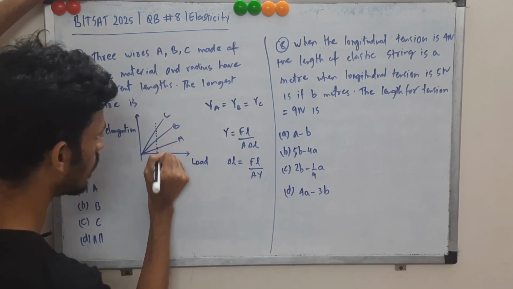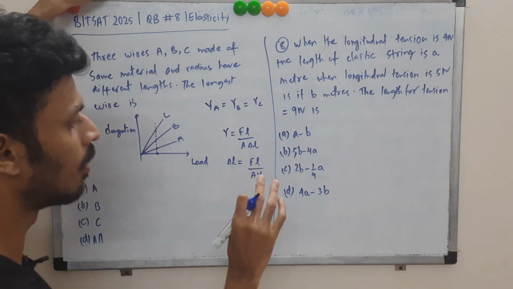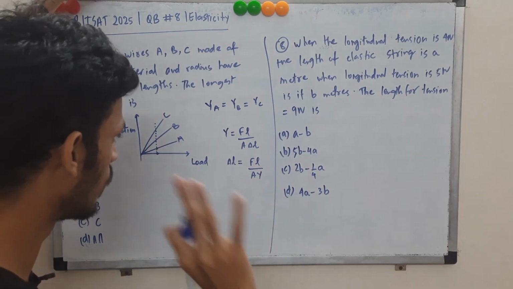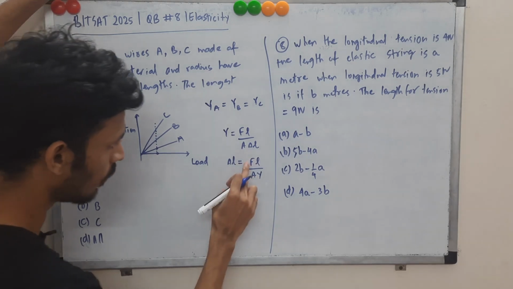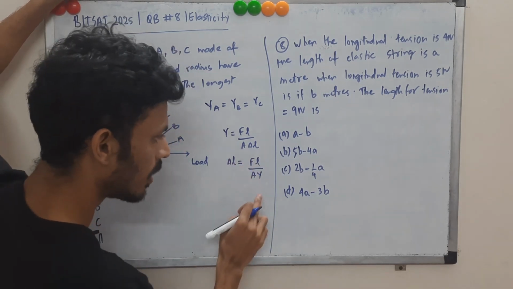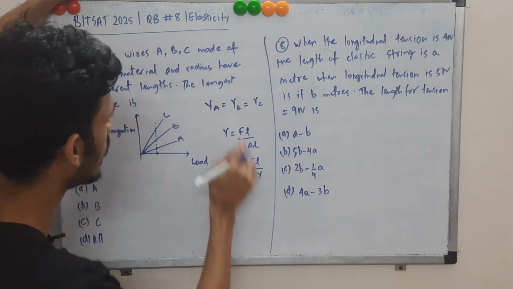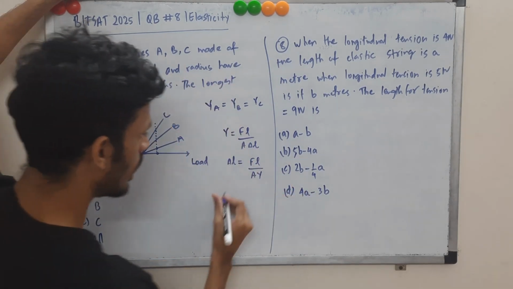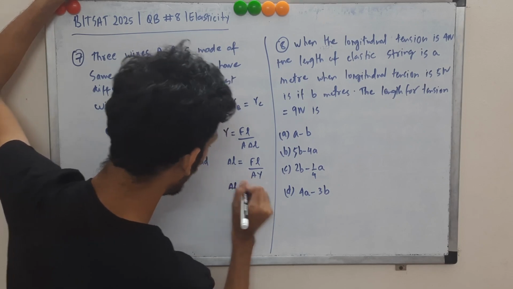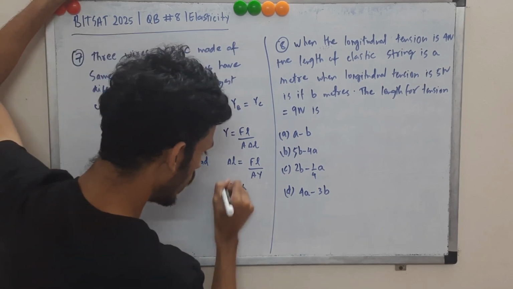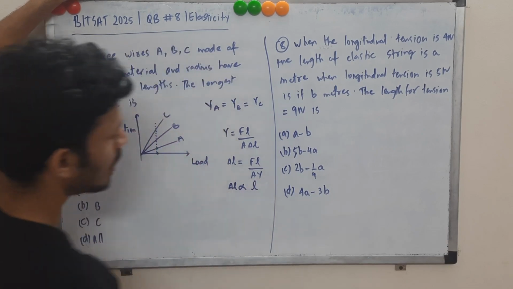So this is for some given value of F. F is constant, A is same and Y is same for all of them. So you can say for a given value of load, the elongation produced is directly proportional to the length.